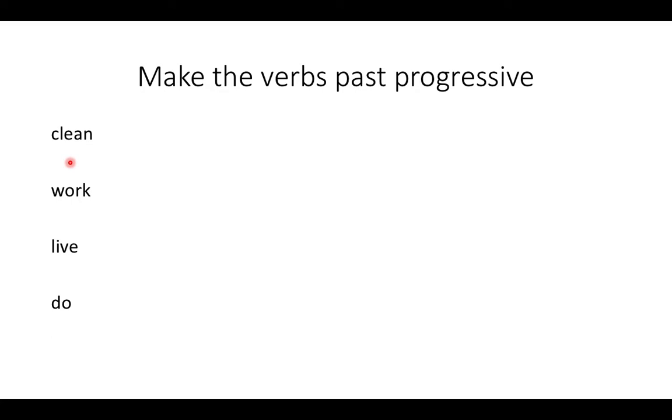So we know that to make them a progressive verb, we just add ing, right? Cleaning. But to make it past progressive, we need to make sure we add the were or the was. So for this sentence, we were cleaning the patient's room.